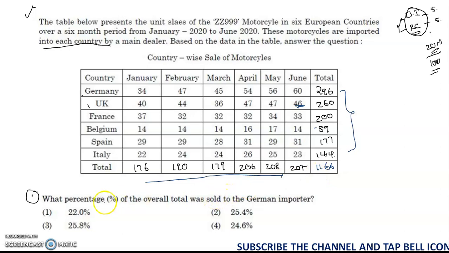Now let's find out, guys, what percentage of the overall total was sold to the German importer. The overall total is 1166, and the German importer, how much is there? 296. That means we need to find out 296 is how much percentage of 1166.